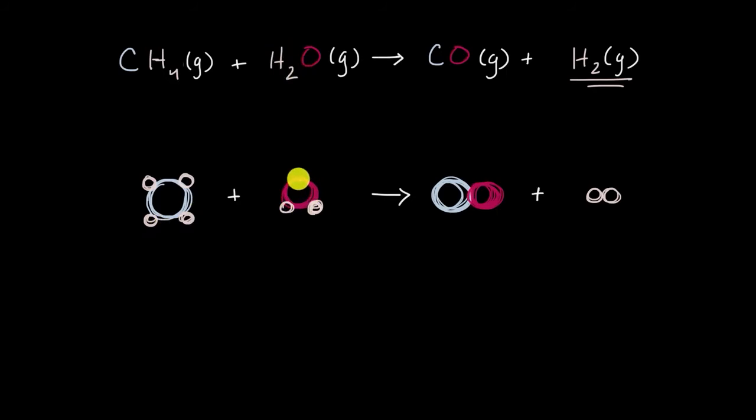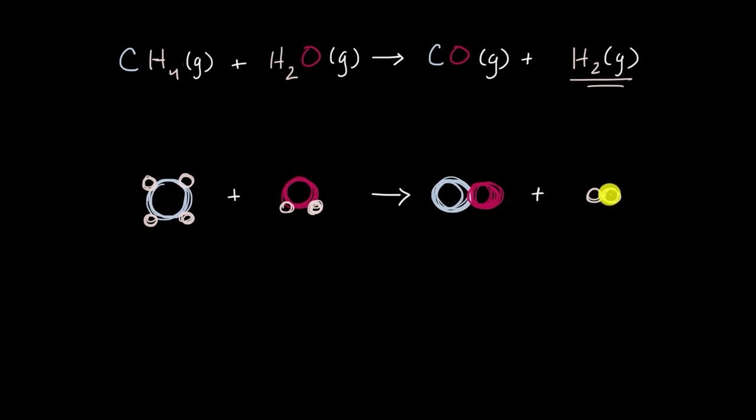You have an oxygen that is bonded to 2 hydrogens. And then they react. You get a carbon monoxide molecule, at least how I've visualized it, so you have a carbon and an oxygen. And then I draw the molecular hydrogen. Molecular hydrogen has 2 hydrogens bonded to each other. And that is what I have depicted here.